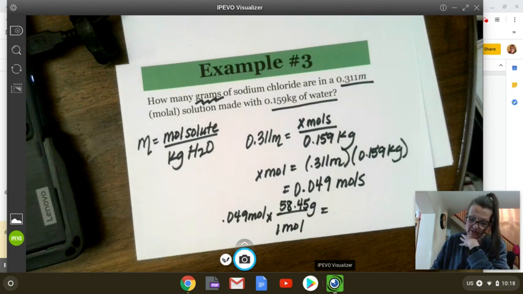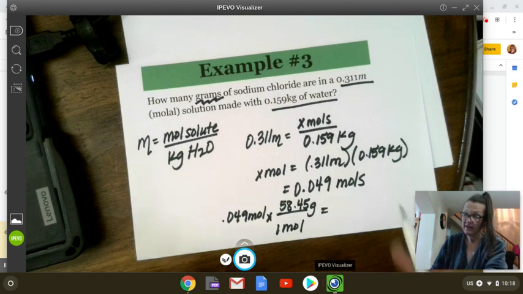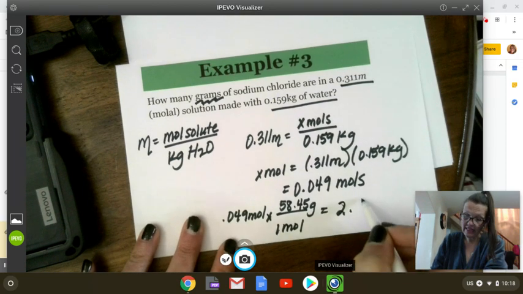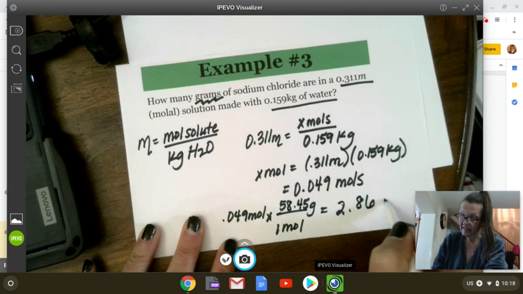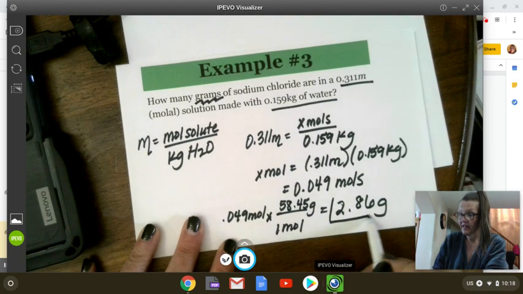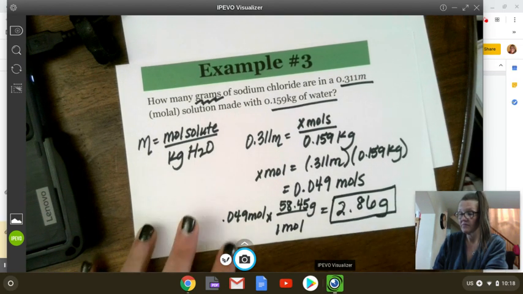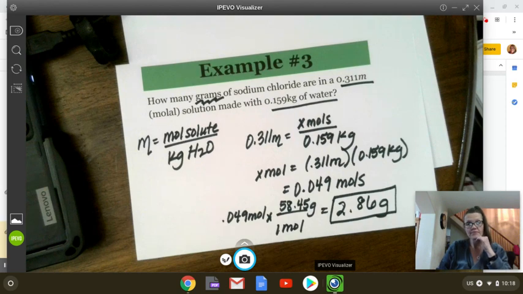Okay, so we're going to do 0.049 times 58.45, and we get 2.86 grams. That's our answer. Okay. So pretty straightforward for molality, right?